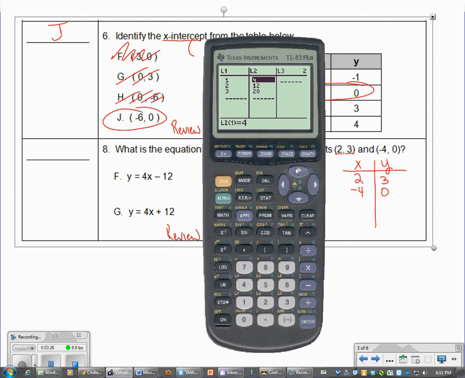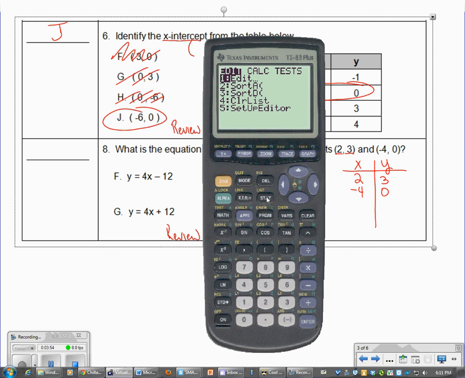I see that there's numbers already in there, so we'll go up, clear it out, press enter. L1, go up, clear out, press enter. Now we're going to input our x values into L1, so that's 2 and negative 4. Our y values into L2, that'll be 3 and 0. Now we've got our L1 and L2 in.